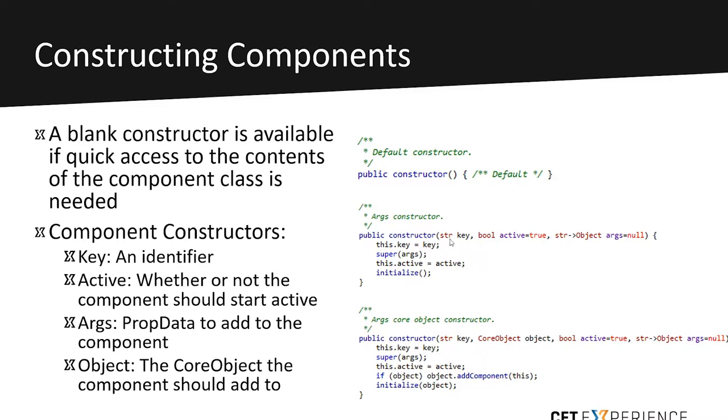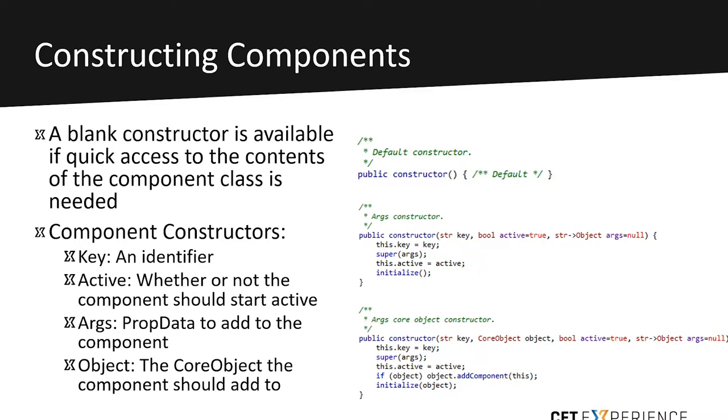The third constructor uses the same three arguments, and then it also adds a fourth one called object. Object is the core object the component should be added to. So if you know ahead of time that you want this component to go on this core object, you can simply pass in the core object and it will add it for you.